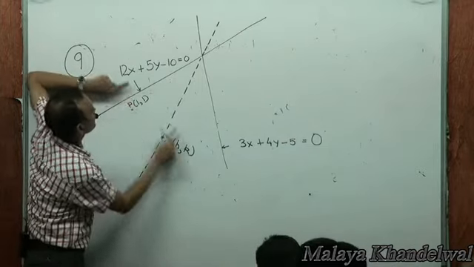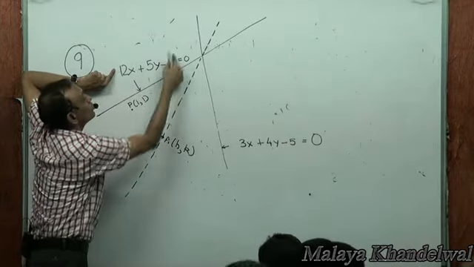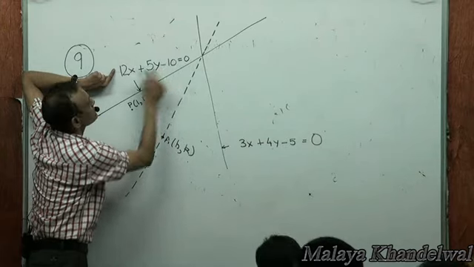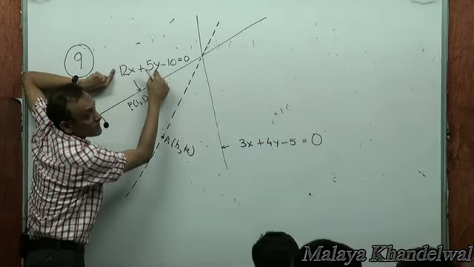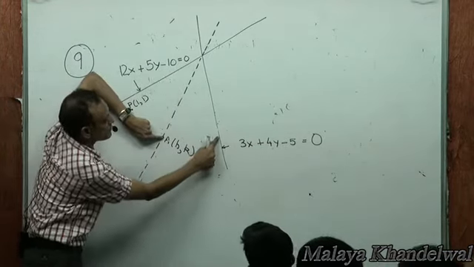So how do you find the distance of (h, k) from this line? Mod of 12h plus 5k minus 10 divided by root of 12 squared plus 5 squared, which is 13. How do you find the distance of (h, k) from this line?